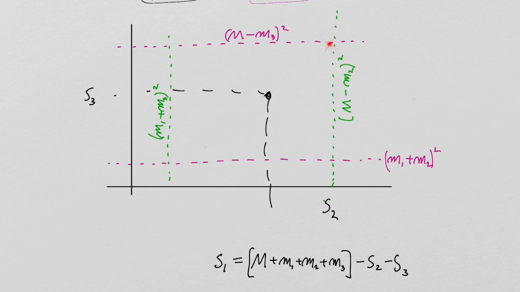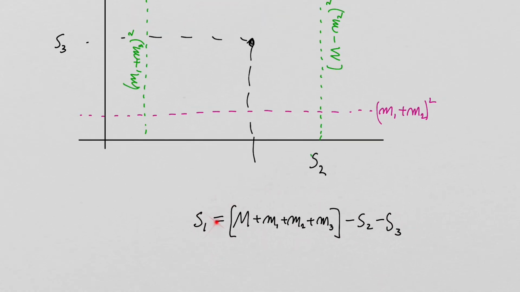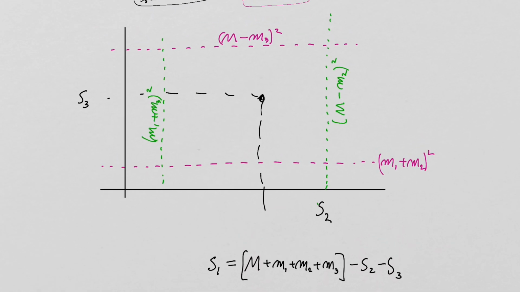It's maximum S2 and maximum S3. If you were at that point, would this be greater than 0? Because it would have to be greater than 0. You have to make sure that the sum of S2 and S3 isn't greater than all of the masses. And that's not absolutely clear, right? That might be the case. So it turns out that not all of this phase space is actually accessible.